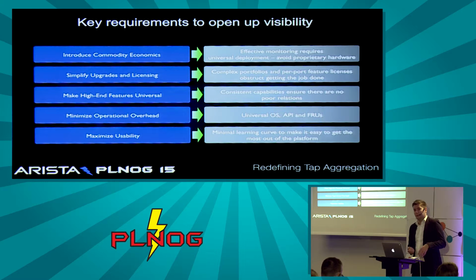Likewise with that, simplify the licensing approach, and minimize operational overhead by allowing you to manage these devices as you would a normal network device. What that means is not only having the familiar command line syntax, but also a wide set of APIs on top for powerful automation and orchestration.